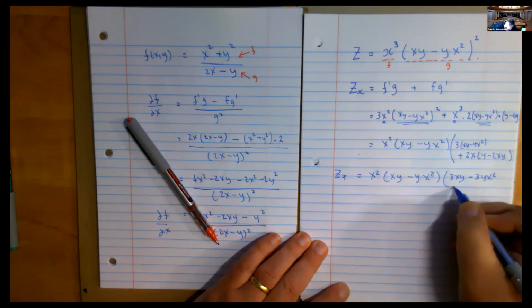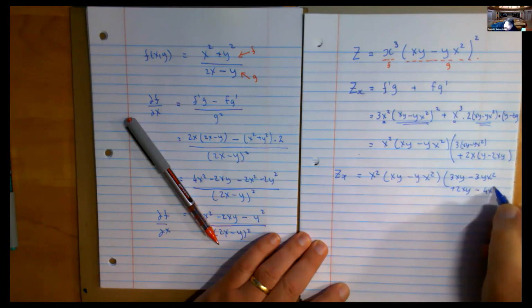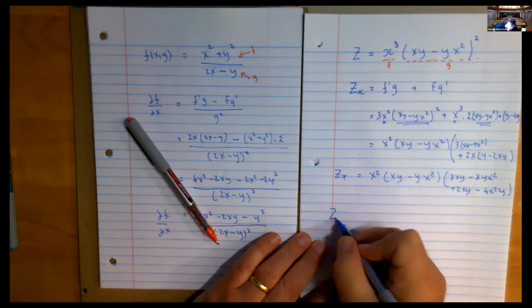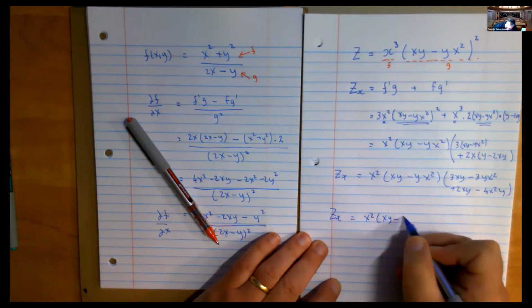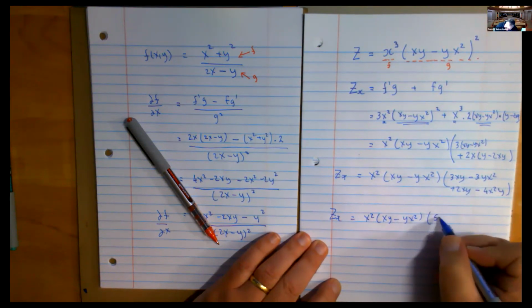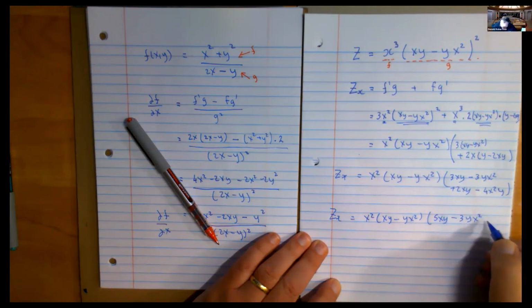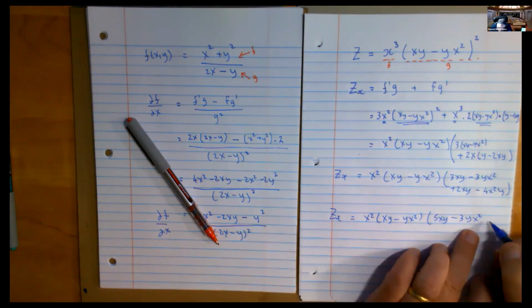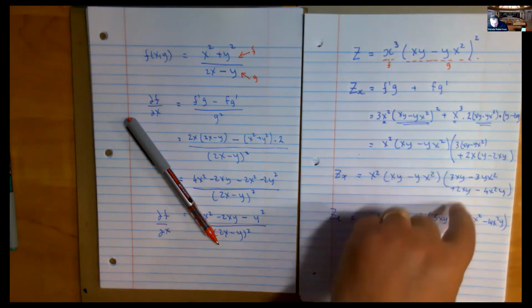This gets you 2xy take away 4x squared y. And I have an x squared. That and that combined, so I get 5xy, take away this, take away that. Let's check it: 5, 3 of them, 4 of them.